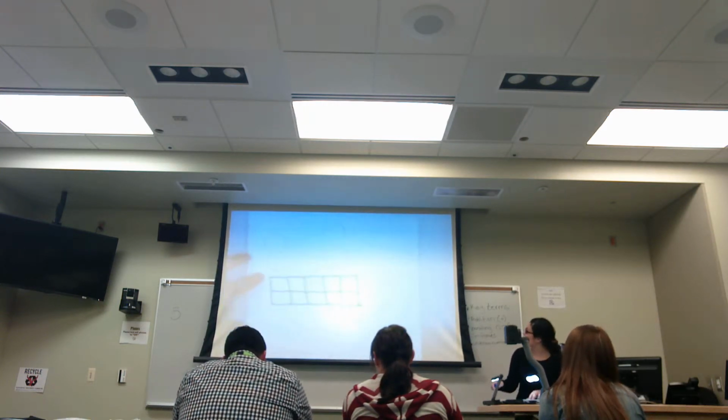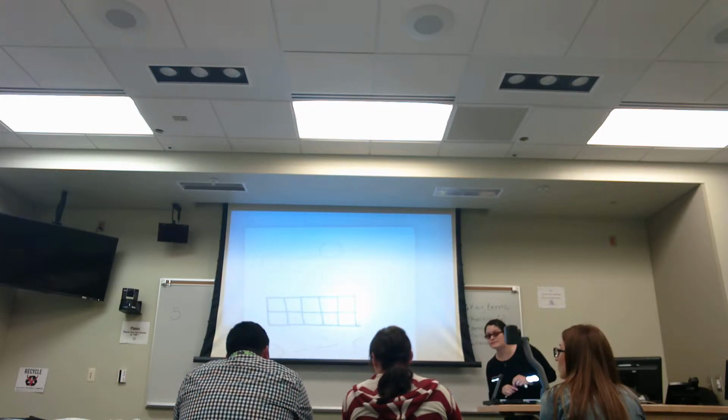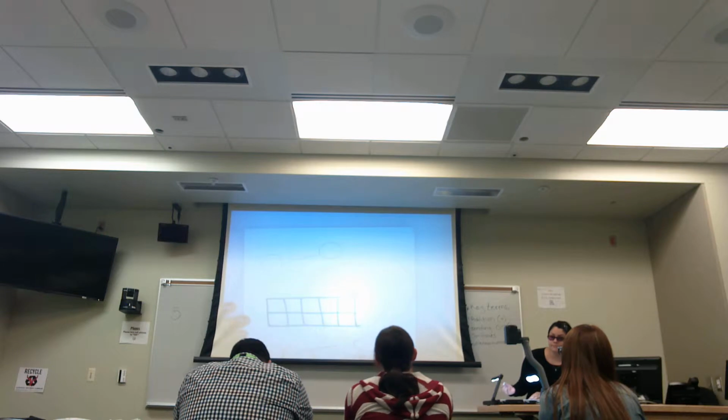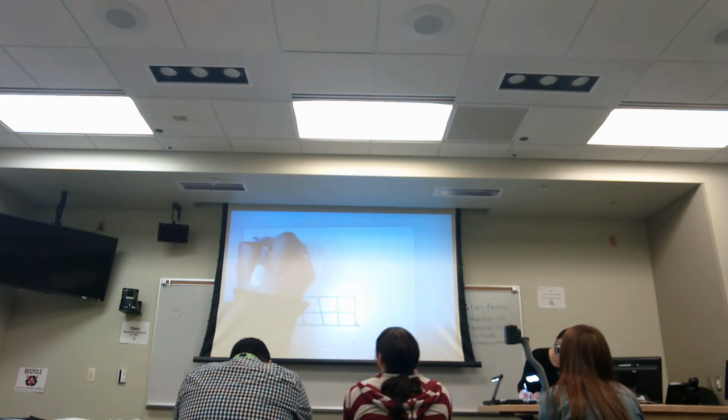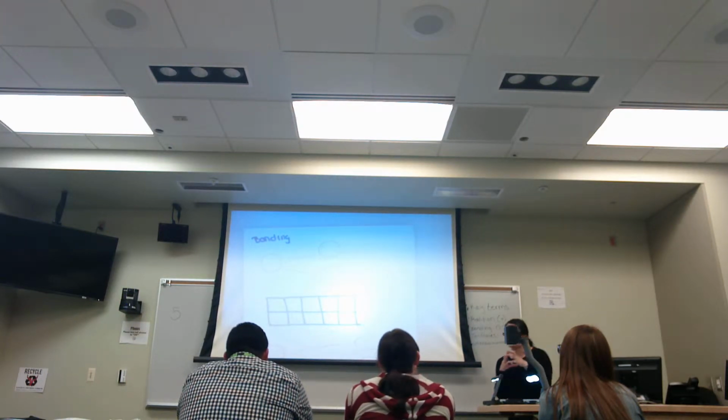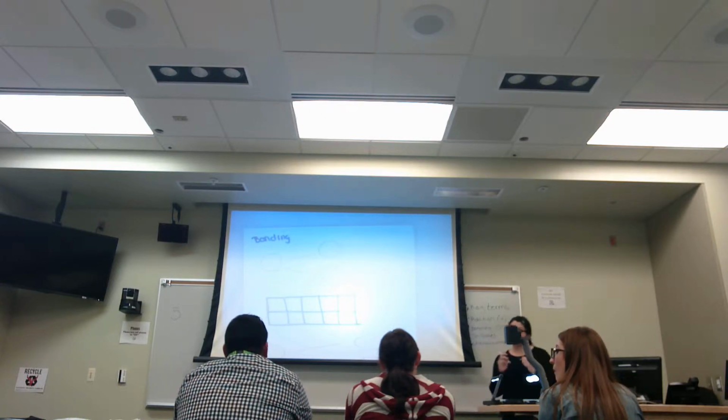Okay, so now you all see that? Okay, so do you guys remember what this is called again? Bonding? Yes, so it's bonding. And that means we get 2 numbers, which is 2 parts, and put them together and it turns into a whole one. George, did you hear that?